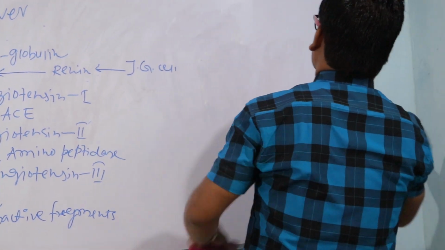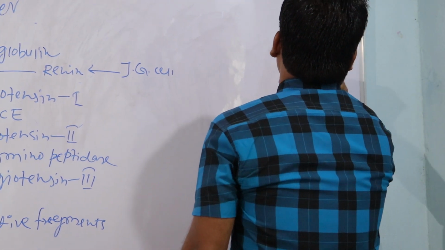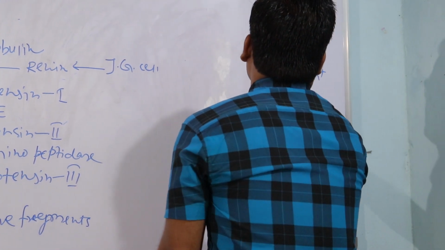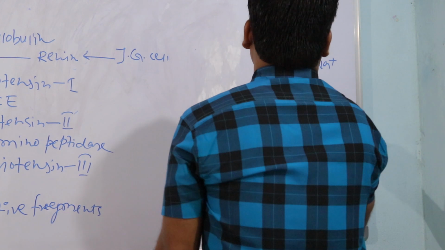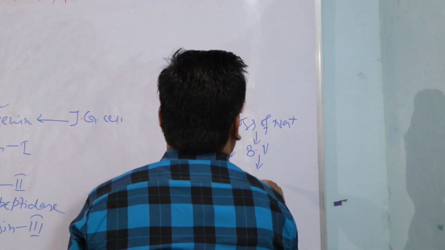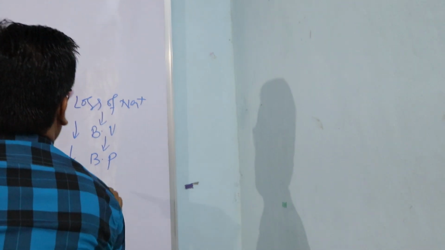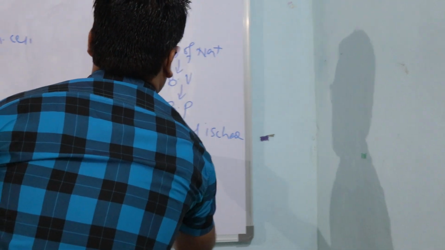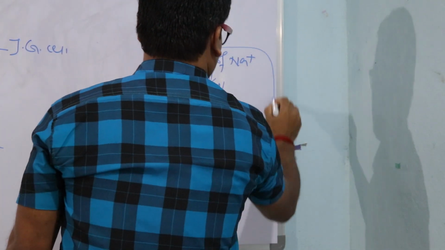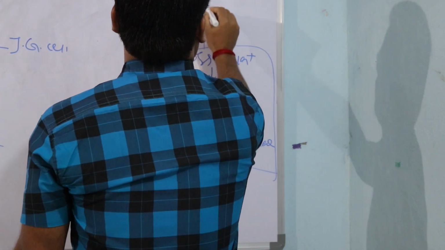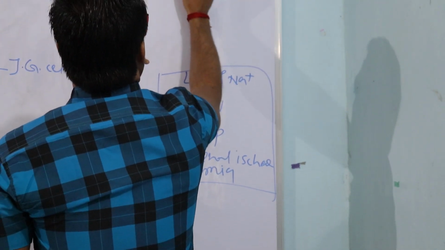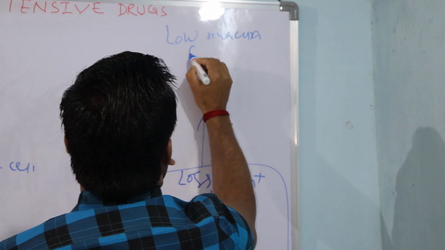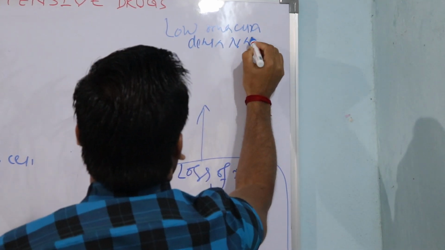Here we are writing loss of sodium ion. Loss of sodium ion ultimately leads to decreased blood volume, which leads to decreased BP. Next it will lead to renal ischemia. So these three factors lead to low macula densa sodium ion.